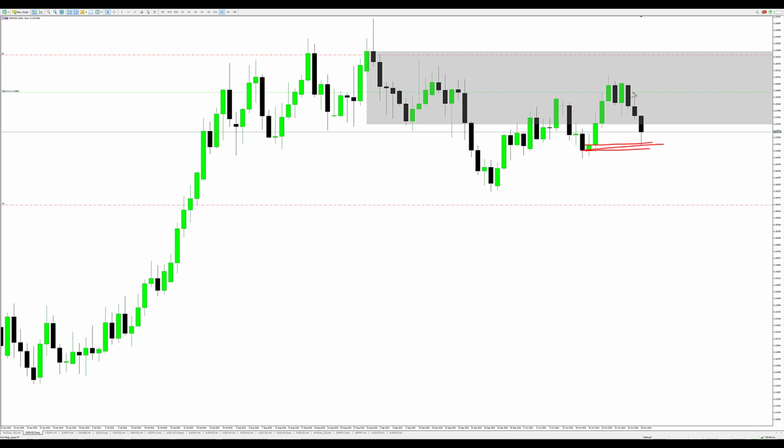Are we shorting or are we going long? No, there has to be the reasoning behind your trade. You just don't blindly open a chart and then short or go long.